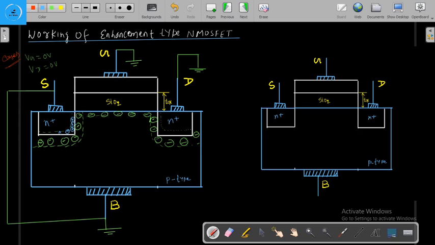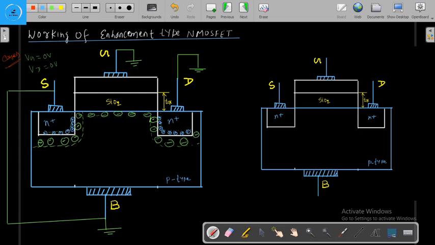Since this is heavily doped. So this is the depletion region at the drain and the source terminal. At the drain and the source, only a depletion region will exist when we keep the source, gate, drain and body all at zero potential.